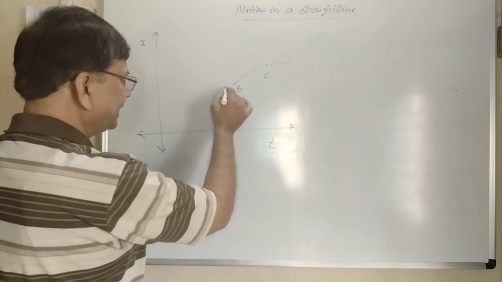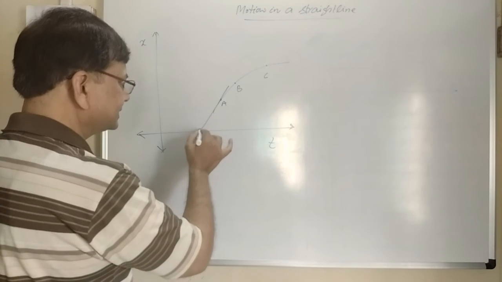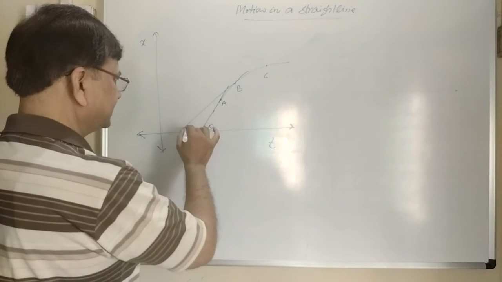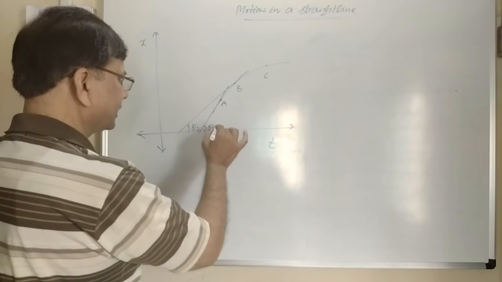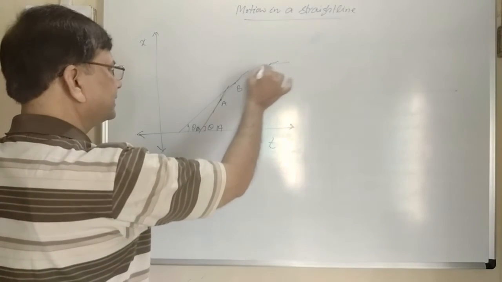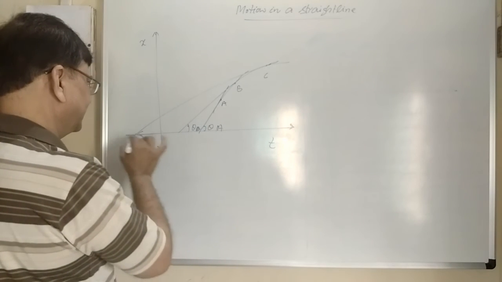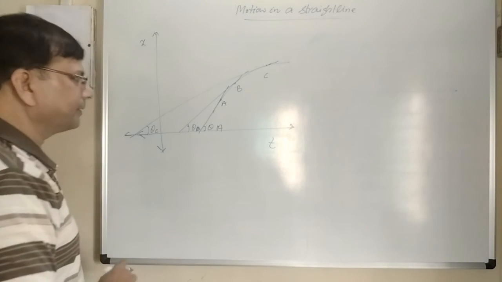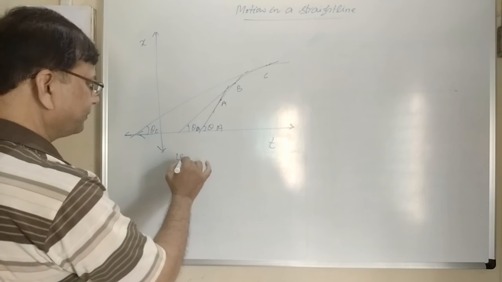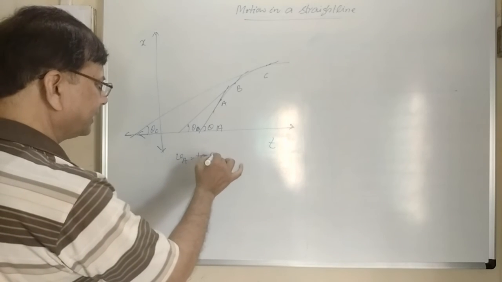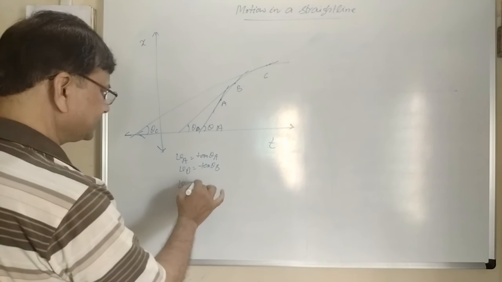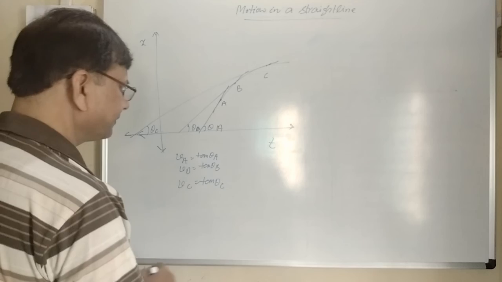In this case, if you draw the tangent on this, this is theta A, and theta B, and on this if you draw the tangent, that is theta C. So VA is equal to tan theta A, VB is equal to tan theta B, VC is equal to tan theta C, right?